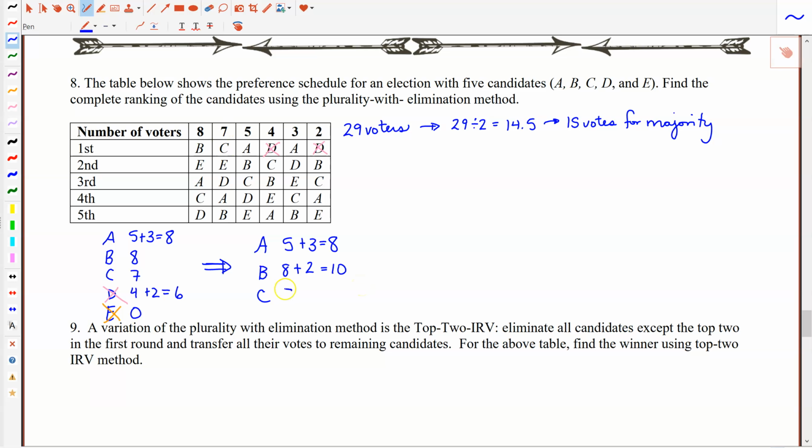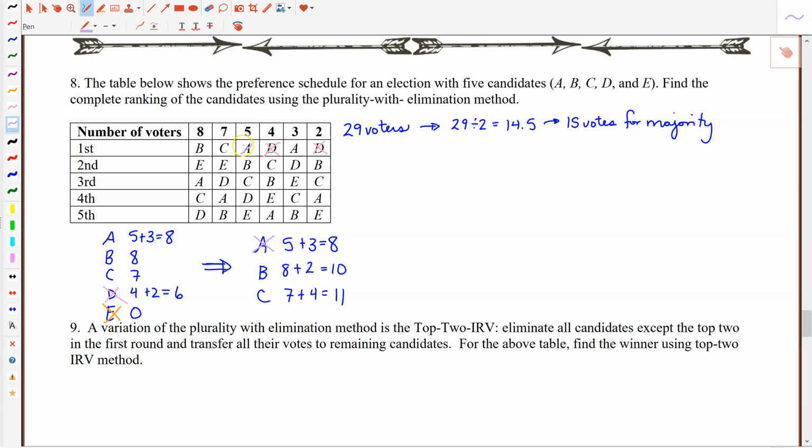C has 7 first place votes from this column, and then 4 from that one. 15 was the number for majority. Nobody has 15 or more votes. So now I'm going to cross off the person with the fewest first place votes. In this case, it would be A.